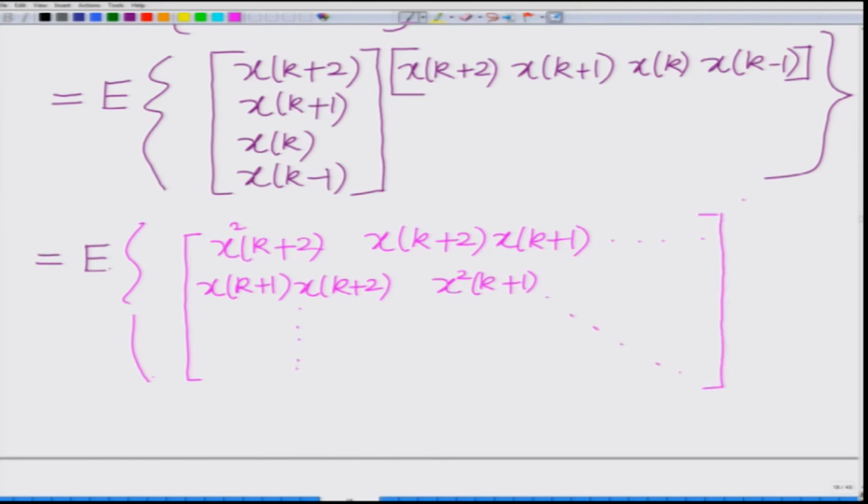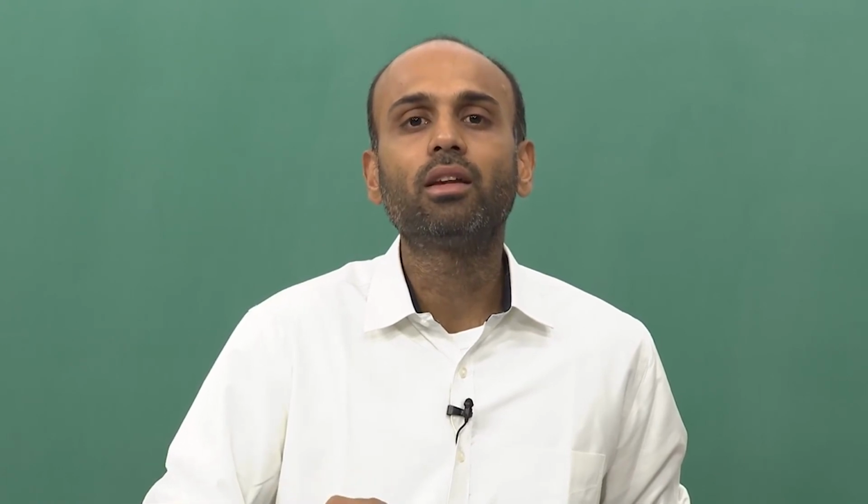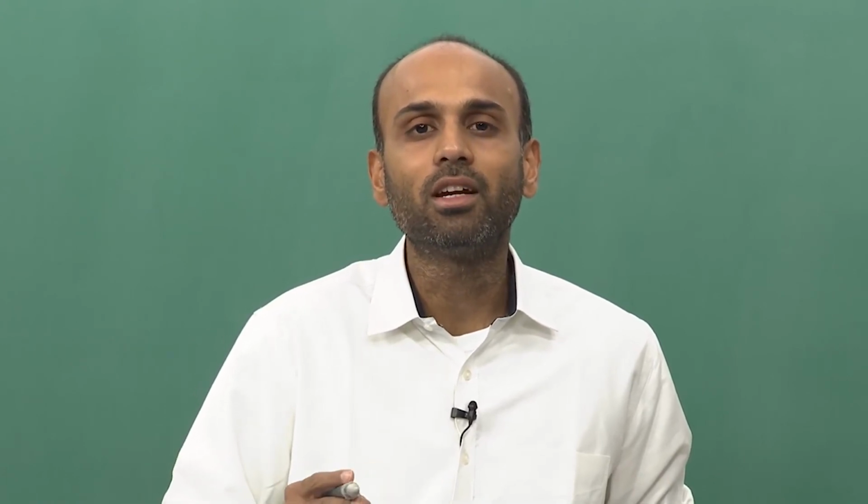The diagonal elements, x_{k+2} squared, x_{k+1} squared, x_{k-1} squared, have expected values each equal to P_D. But the off diagonal elements are of the form, for instance, the expected value of x_{k+2} times x_{k+1}, and that is 0, because the different symbols are independent.